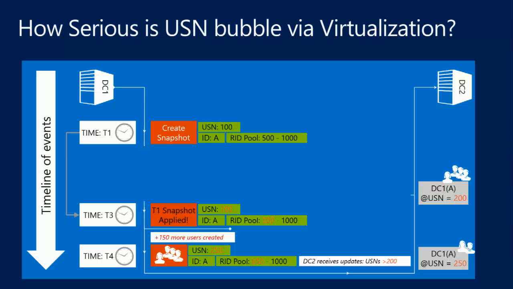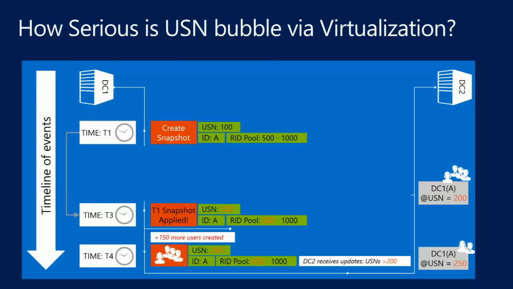When I talk to my other domain controller, it says, I know of your USN value being 200, please send me the changes from 200 to your current high watermark of 250, so I'll get 50 new changes. I won't know about all the changes that have occurred to those other objects for those USN values, and I also don't know that you've created a whole bunch of new objects that now have duplicate SIDs. Duplicate SIDs are bad.